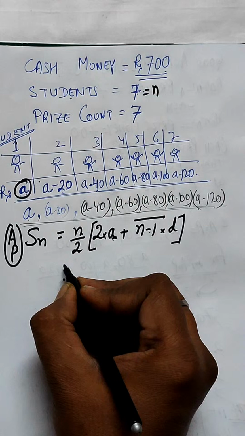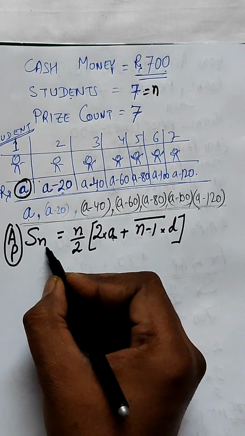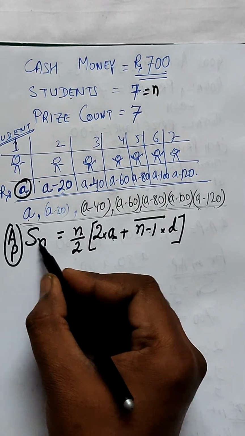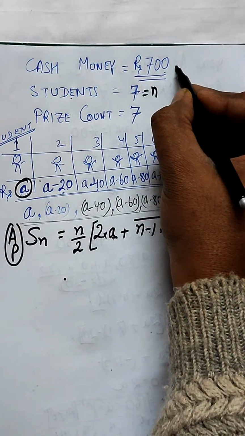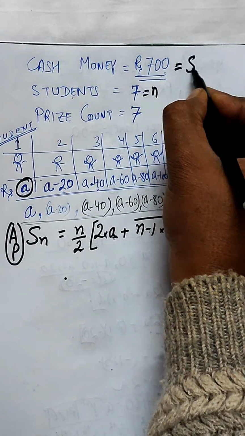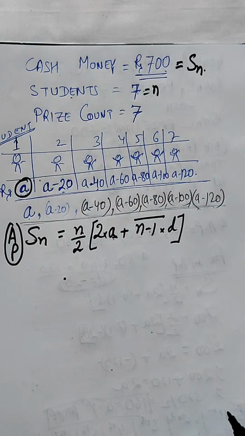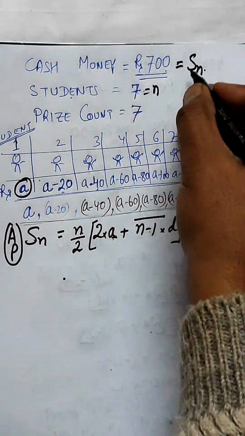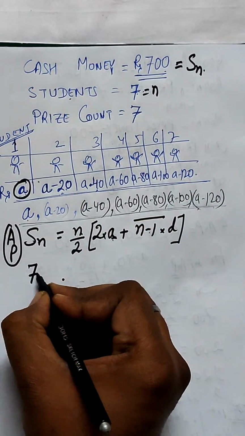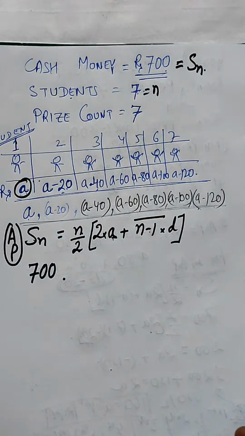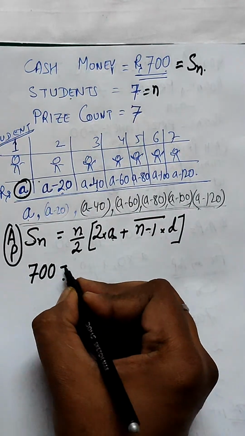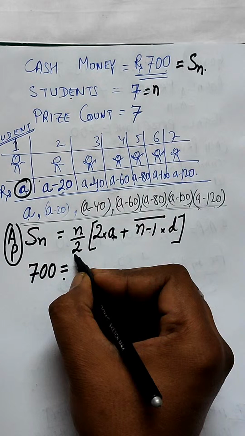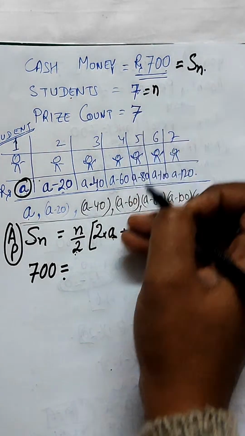So do one thing, just put in the values. What is S n? The total cash money is the sum of the money. So this is 700. So 700 will be on the LHS, and on the RHS you will have n by 2, where n is 7.